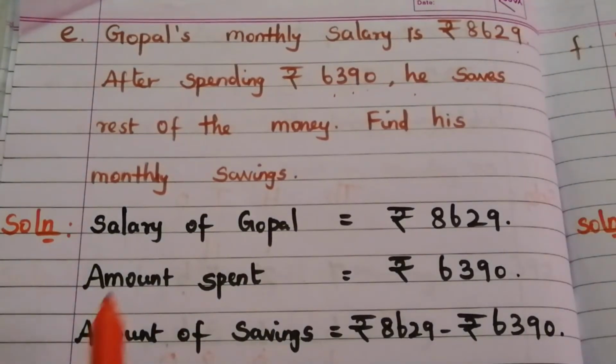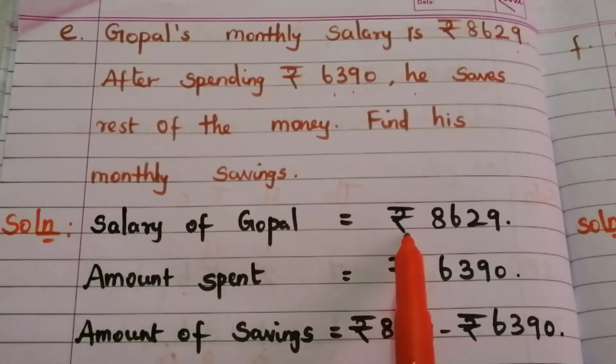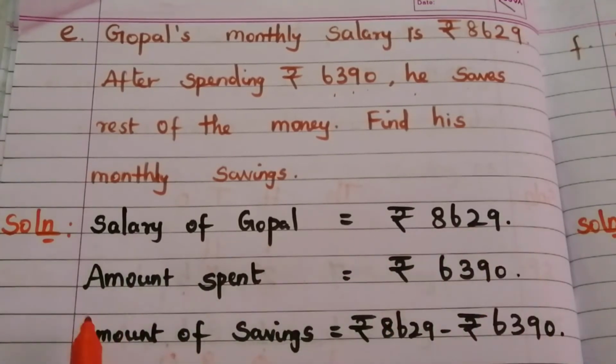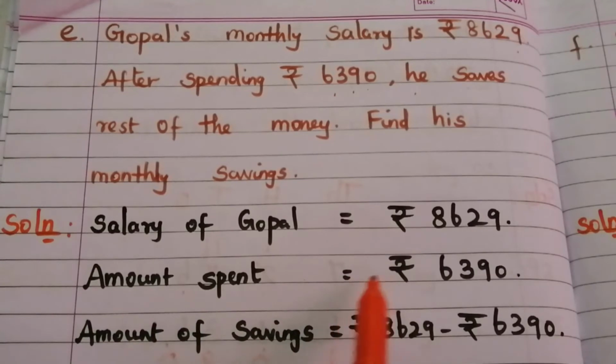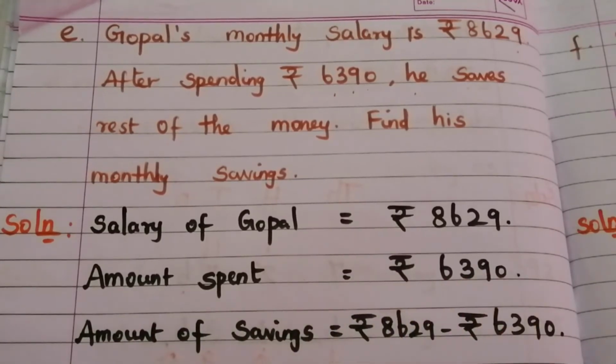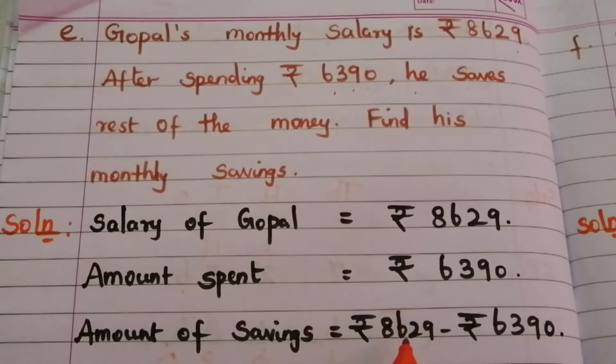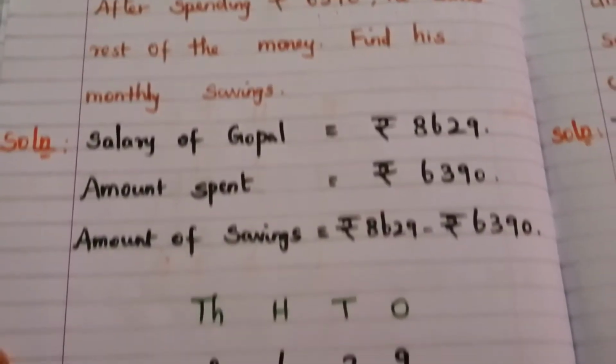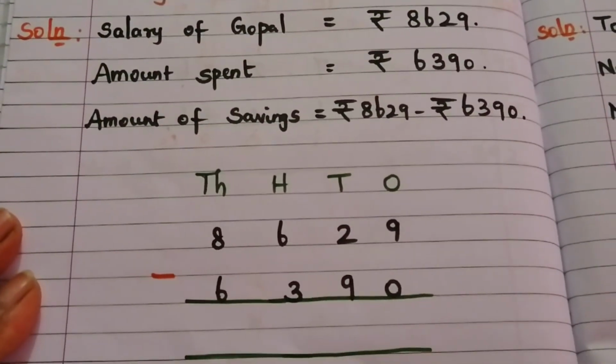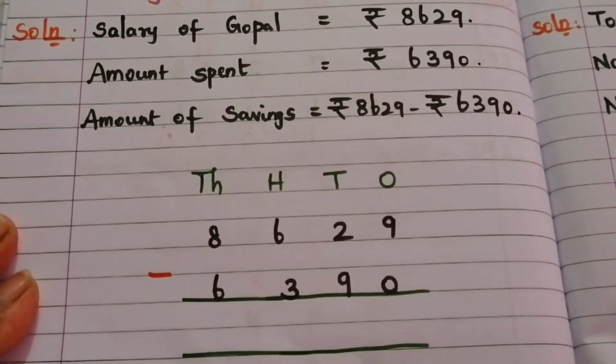First write down the given data. Salary of Gopal equals rupees 8,629 and amount spent by him equals rupees 6,390. So amount of savings equals rupees 8,629 minus rupees 6,390.